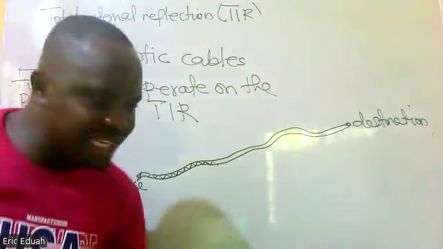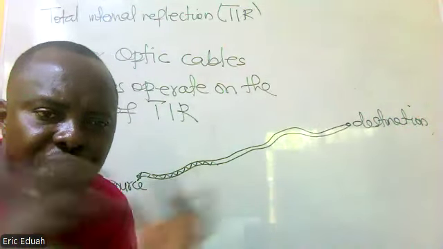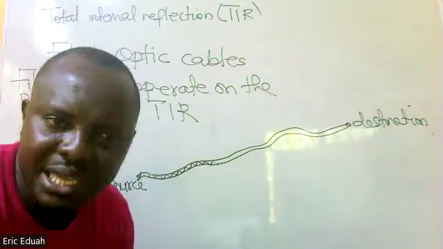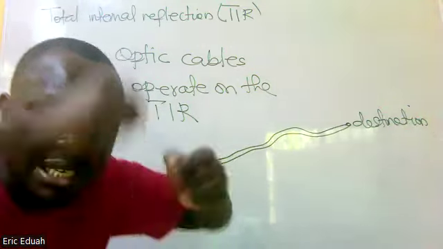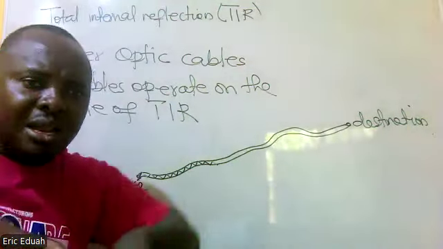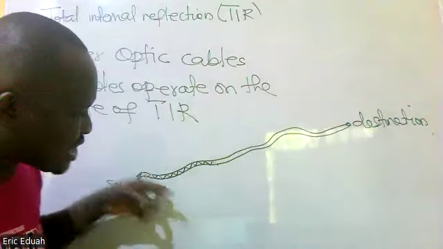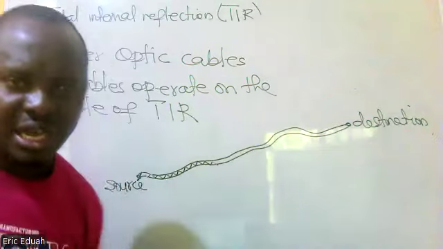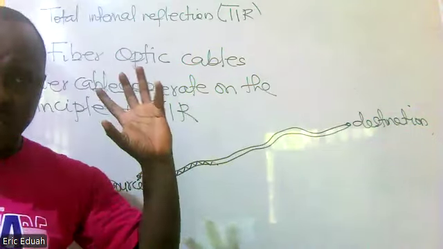And the other advantage is that you can put a lot of information on this to be propagated compared to the traditional copper cables used within the community. So a large volume of information or voice calls can be transmitted over fiber cable and delivered within a short time because of the speed of light.